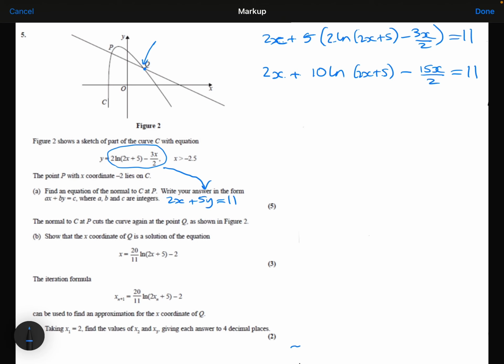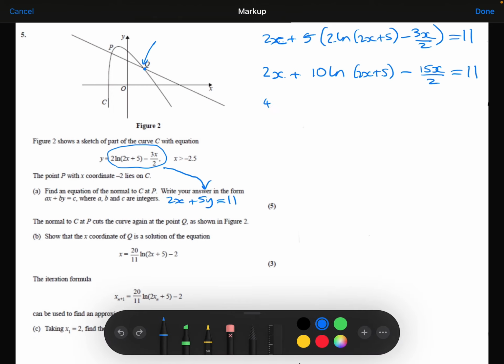Collecting up these, let's times everything through by 2 to get rid of that fraction. So 4x plus 20 ln(2x plus 5) minus 15x is equal to 22. Collect the x terms together, that's going to be minus 11x.